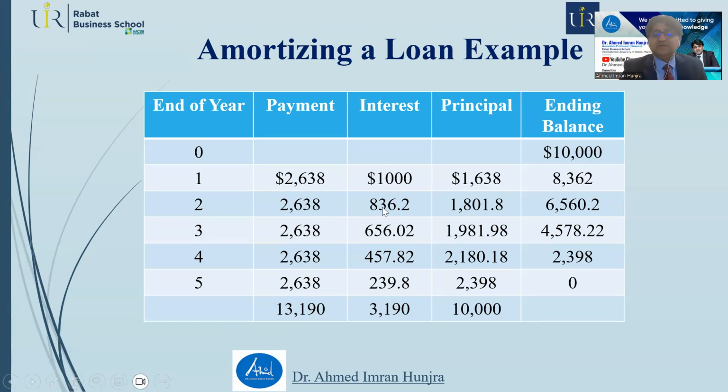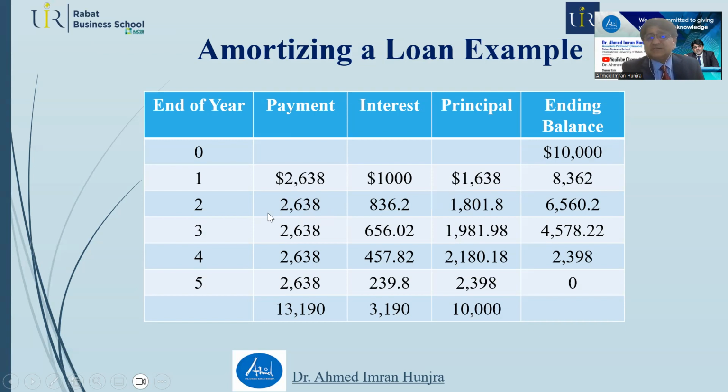We have found the payment. So what is step 2? Interest amount. How can we find the interest amount? Last time period ending balance multiplied by the interest rate. So we are left to pay 8,362. The interest rate is 10%, so 836.2 is the interest payment.